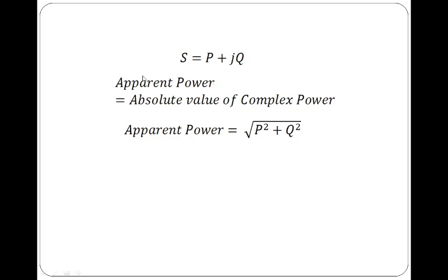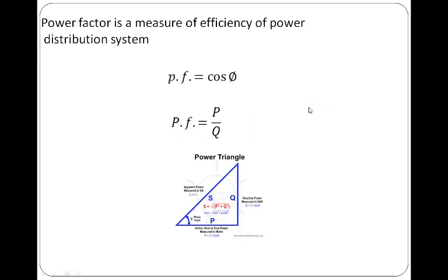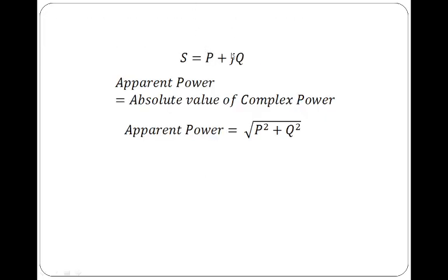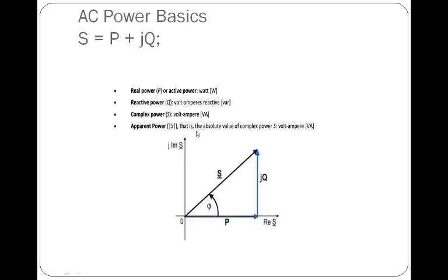So we know that our apparent power is the absolute value of the complex power, which is P plus jQ. And from our elementary mathematics, if we are to find the modulus or magnitude, we just find the square of this plus the square of this, and then we take the root of the sum.